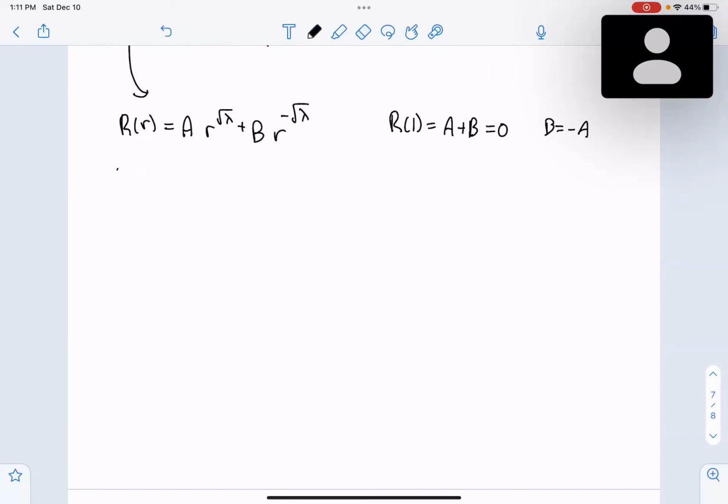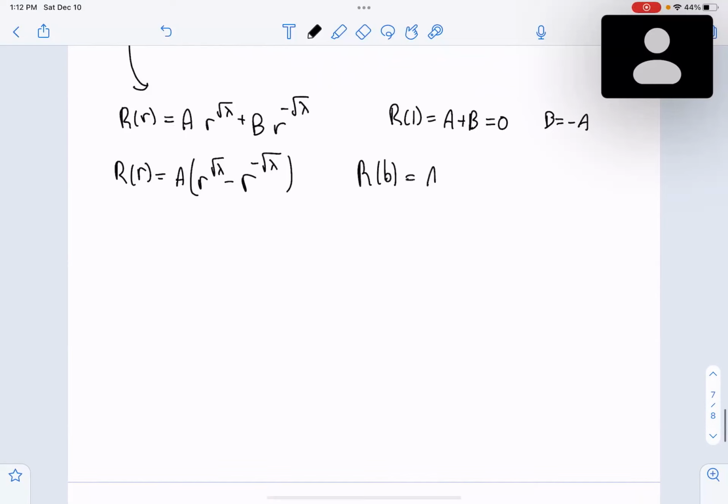We're going to use that to rewrite our equation now in terms of only A. So we have R now is equal to A times r to the root lambda minus r to the negative root lambda. Again, that's just replacing B by negative A. Pretty straightforward again, hopefully. And then apply our second boundary condition, R(b) is equal to A b to the root lambda minus b to the negative root lambda is equal to 0.